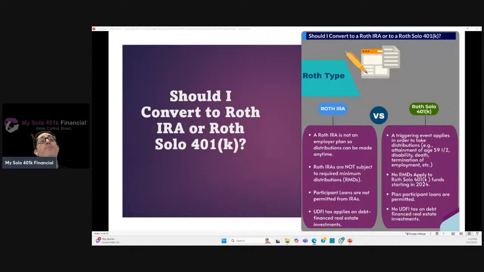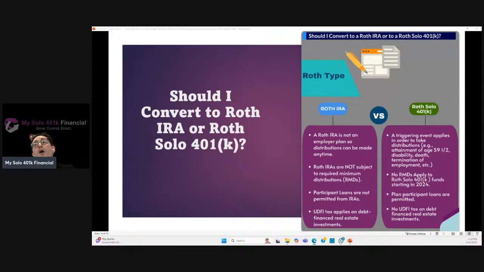However, there's an exception to that UDFI tax with respect to income that flows from a debt finance real estate investment that's held inside of a solo 401k. So for those who are looking to make debt finance real estate investments, investing via a Roth solo 401k as opposed to a Roth IRA presents a tremendous advantage.